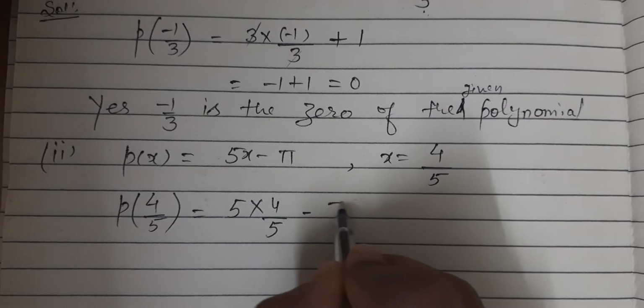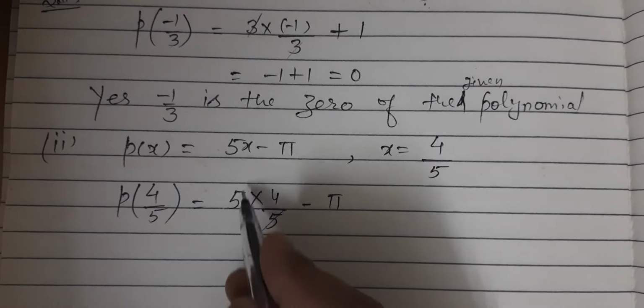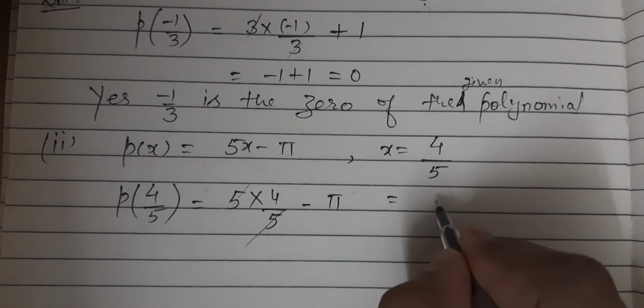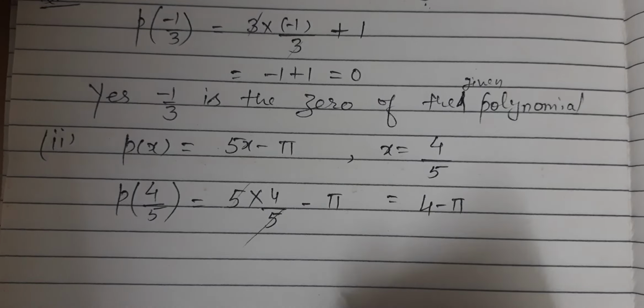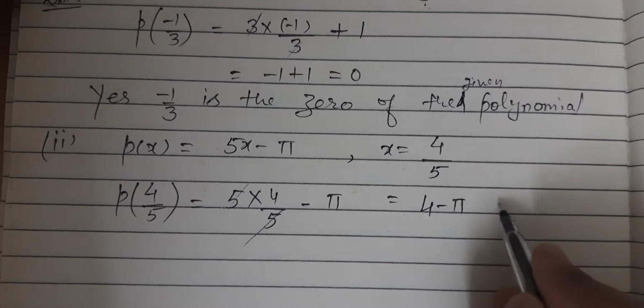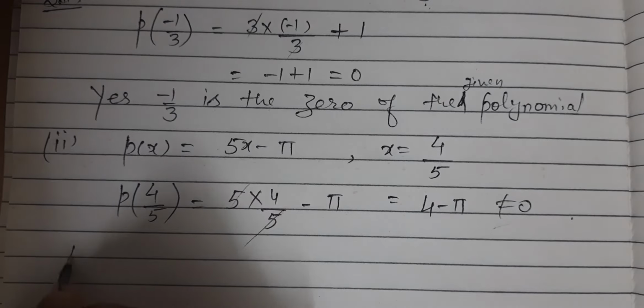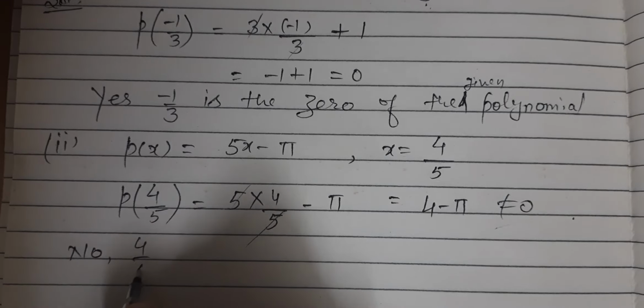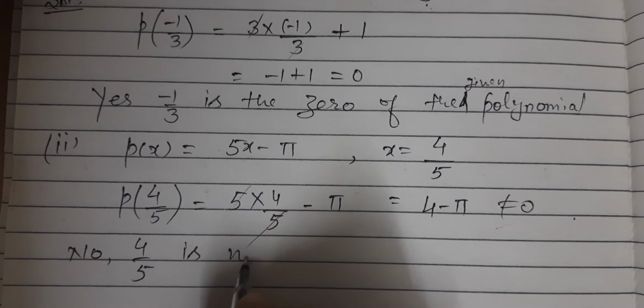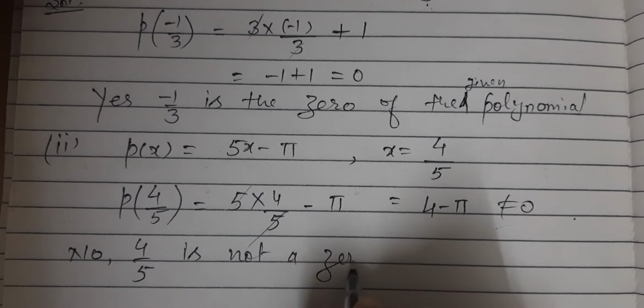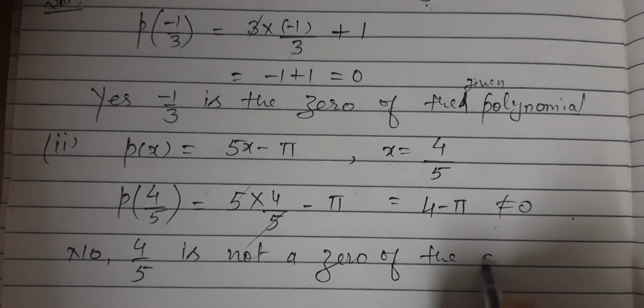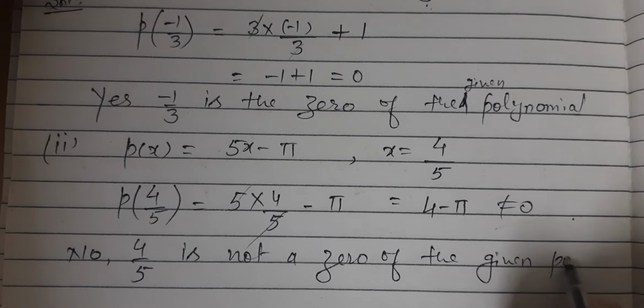Okay. Now this 5 and 5 will cancel out. So we will get 4 minus pi. Are we getting 0? No. So this is not equal to 0. So we will write no, 4 by 5 is not a zero of the given polynomial.